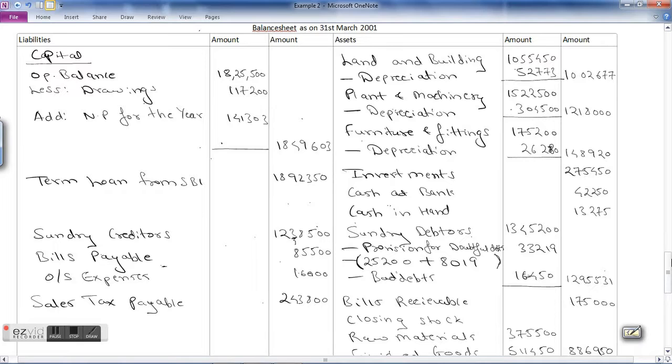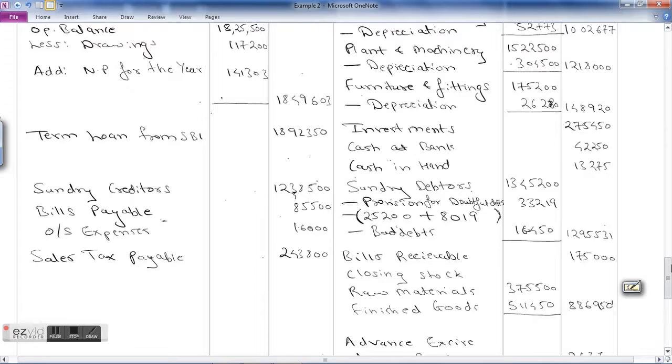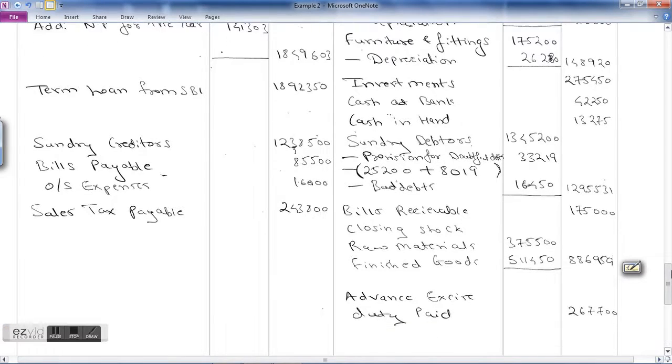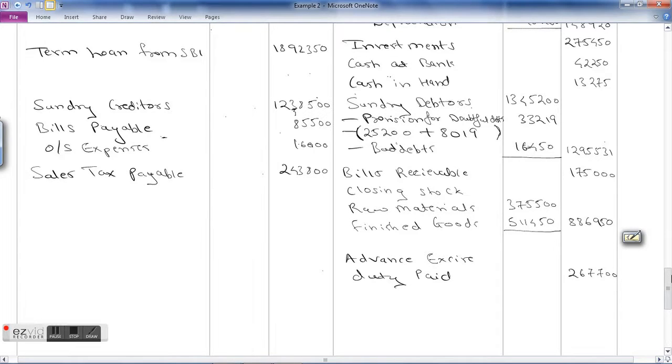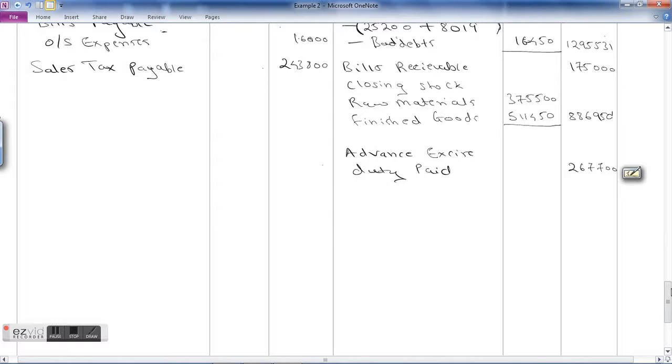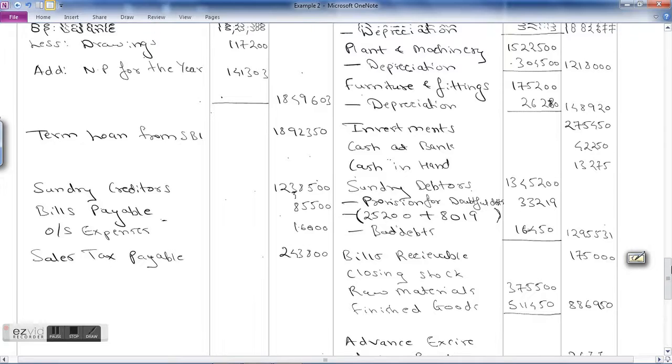Asset side total is 10,02,677 plus 12,18 plus 148,920 plus 2,75,450 plus 42,250 plus 13,275 plus 12,95,531 plus 1,75,000 plus 8,86,950 plus 2,67,700. So that comes to 53,25,753.